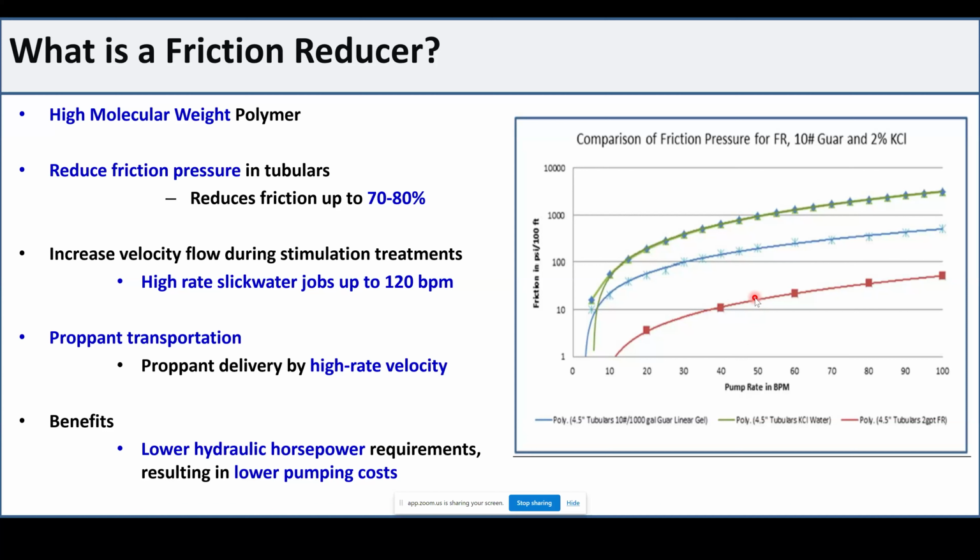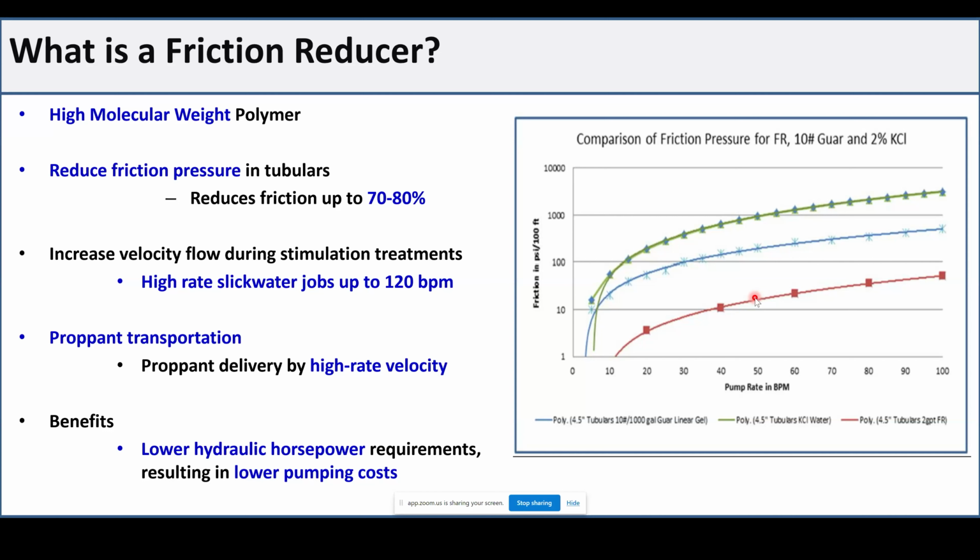Because at the end of the day, what you pay to the surface company is how much horsepower they are using, not how much rate. It's how much pressure is correlated to the horsepower. So how much pressure you need at the surface to break down the formation. That's usually the contract point of view.